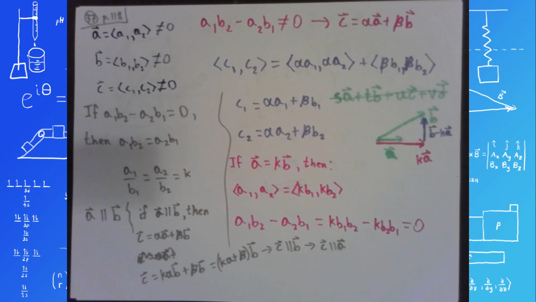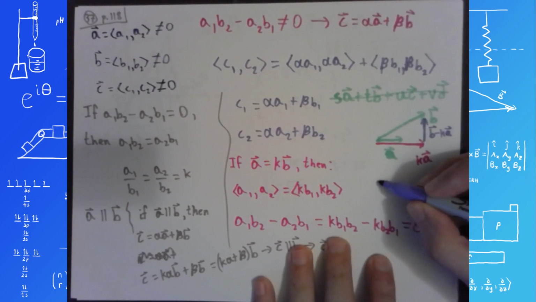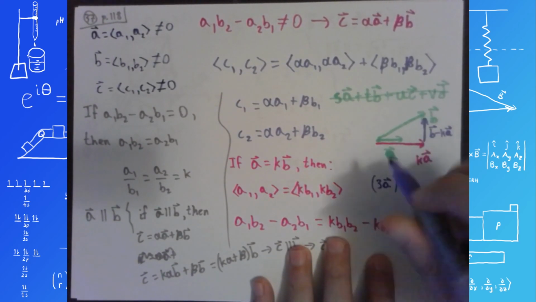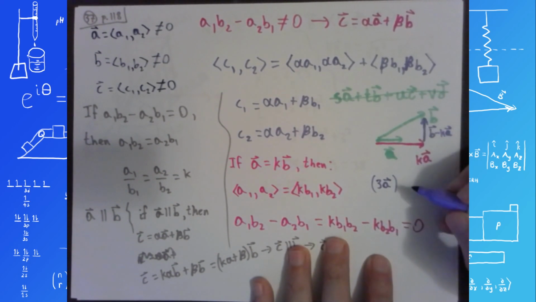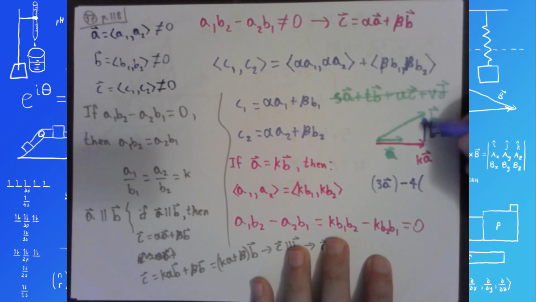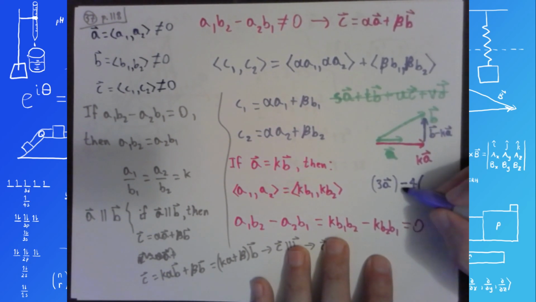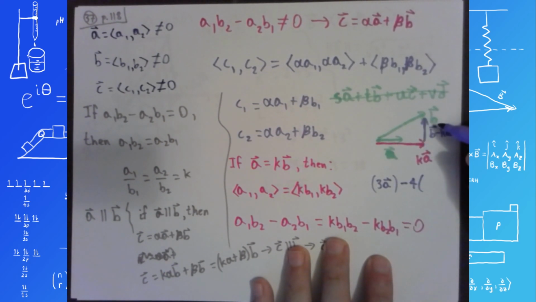So if I wanted to go, let's say, 3 steps in the a direction, which is to the right, and I wanted to go 4 steps down, then I would do 3a. That's 3 to the right. And then if I want to go 4 steps down, I could do minus 4 times, well, this is an upward step, so the minus has already taken care of that.